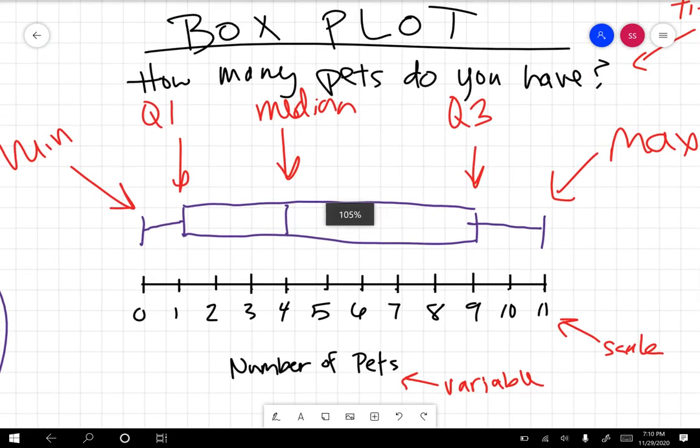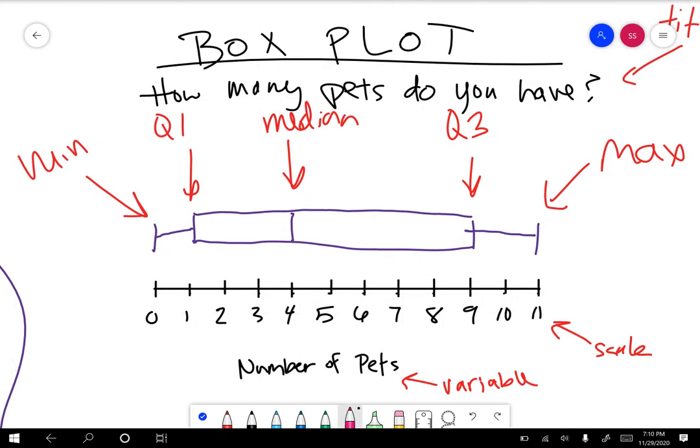Okay, so if we look at our box plot, you'll notice that it's separated into 4 groups, right? We have this group, we have this group, and this group. So those are our quartiles, right? Which is why we call this Q1, this Q3, and the median is actually called Q2.